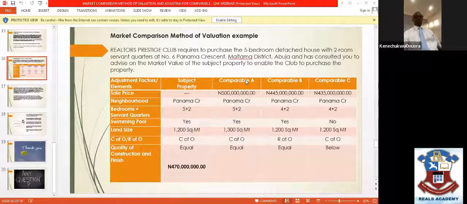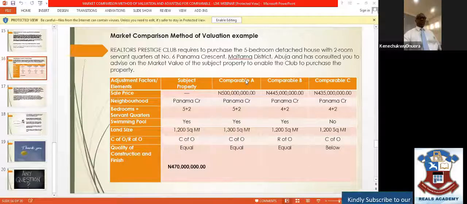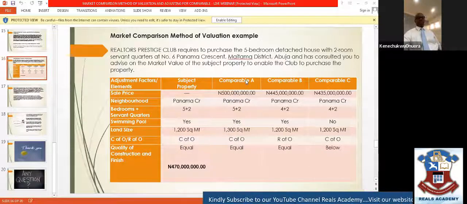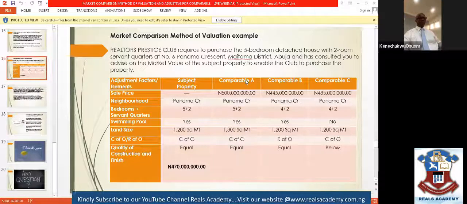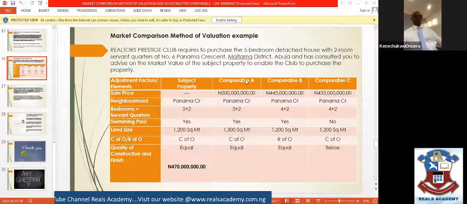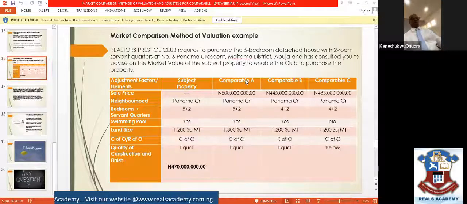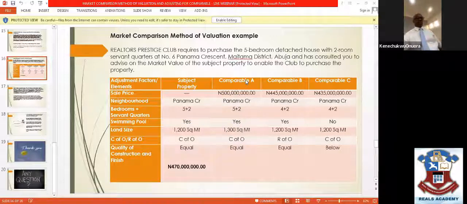Comparable A was sold for 500 million. It's assumed that all these comparables used here have been sold within the past 6, 7, 8 months. Comparable A is on Panama Crescent, not too far from the subject property. It has 5 bedrooms with a 2-room BQ. Does it have a swimming pool? Yes.